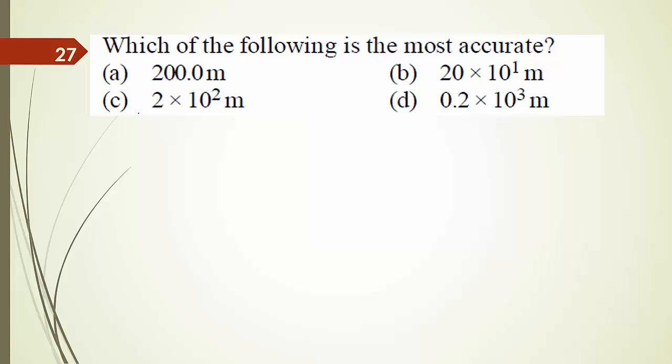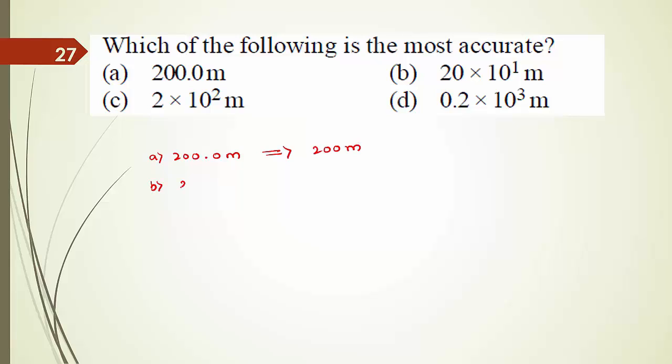Which of the following is the most accurate? Options are A, 200.0 meter; B, 20 into 10 raised to 1 meter; C, 2 into 10 raised to 2 meter; D, 0.2 into 10 raised to 3 meter. Observe all the options. The first option is 200.0 meter, so this means 200 meter.